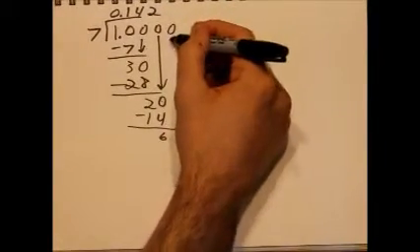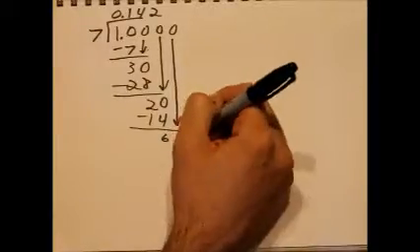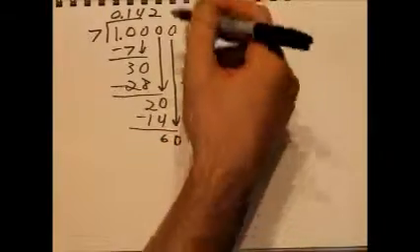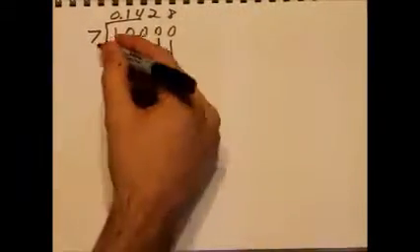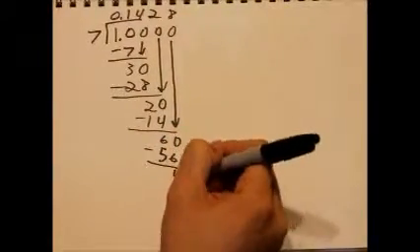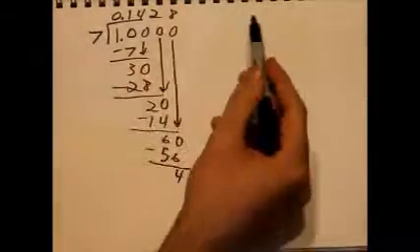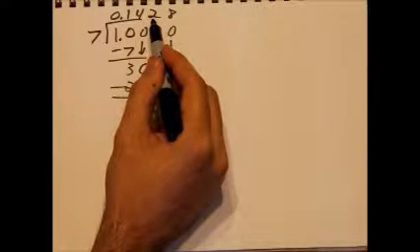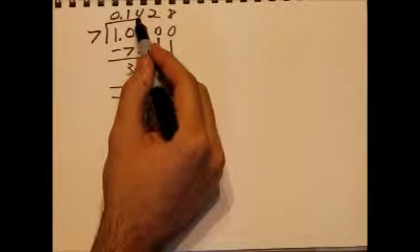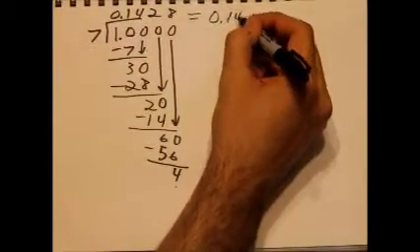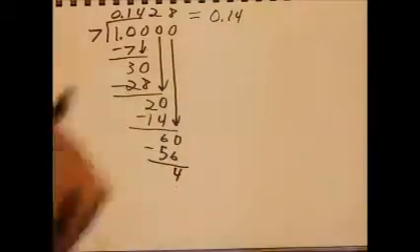We can add another 0. 7 will go into 60 8 times. 7 times 8 is 56. And we get 4. Okay, as we know, it'll just keep on going. We just need to go to the hundredths place. So our number in the thousandths place is 2, and so we'd round down, and so our hundredths place number would be the same. So we could just get 0.14, or 14 hundredths.